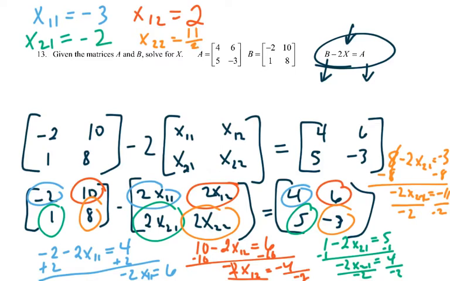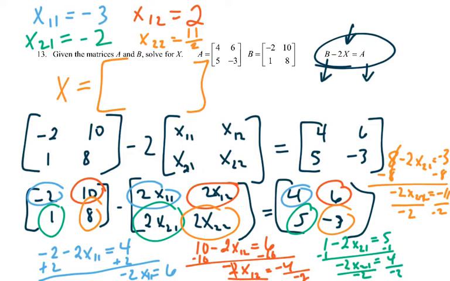Now you could write that as a decimal value. Unless it explicitly tells you to write it as a fraction, you can put that in your calculator, do 11 divided by 2, and you would get 5.5. So you can write it as 5.5. I'm going to leave it as a fraction.